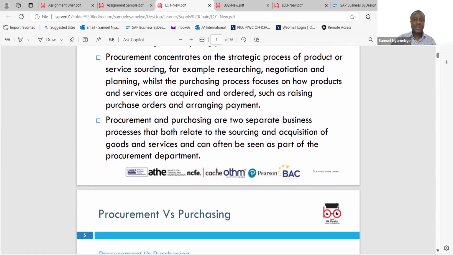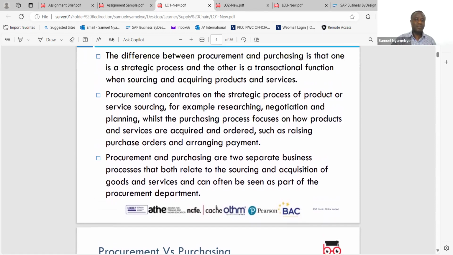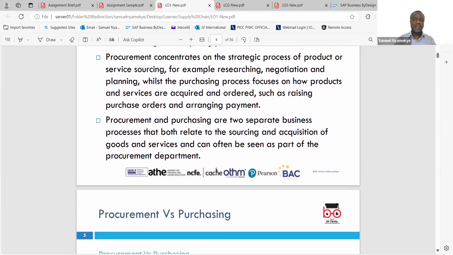you see that procurement is a little more than purchasing, because procurement is more strategic compared with purchasing, which is transactional. We are saying that procurement is strategic because it looks at other things like researching into suppliers, going into proper negotiation, planning, and all that.